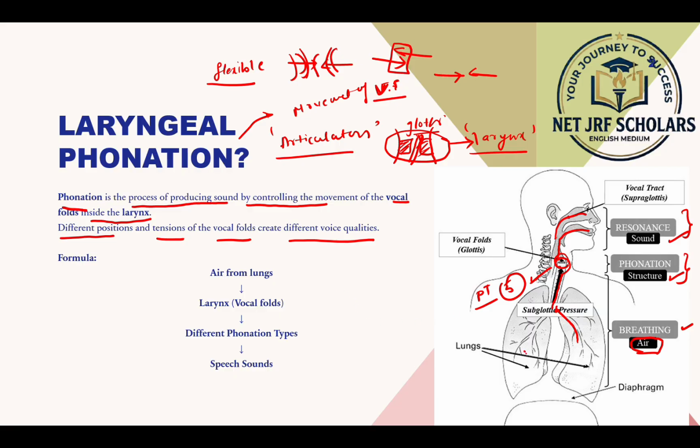So: air, larynx, then different phonation types, and then speech production, where the place and manner come in.